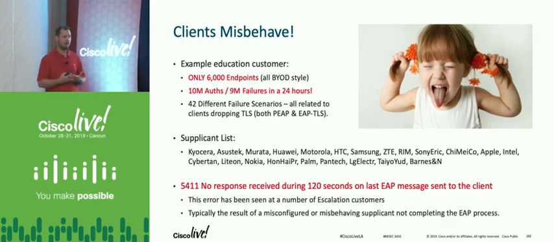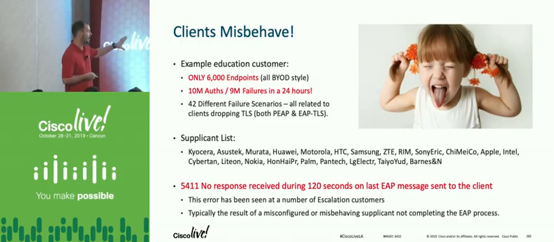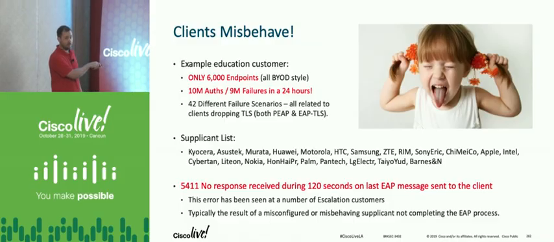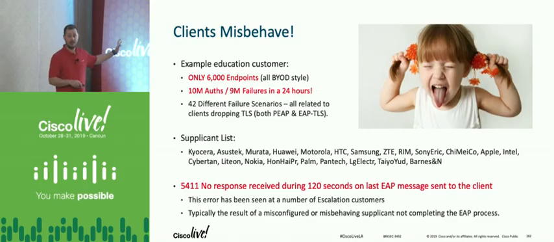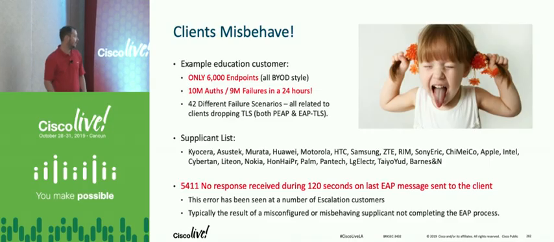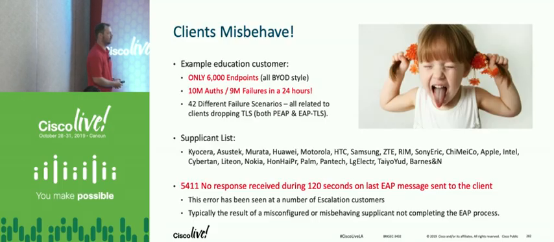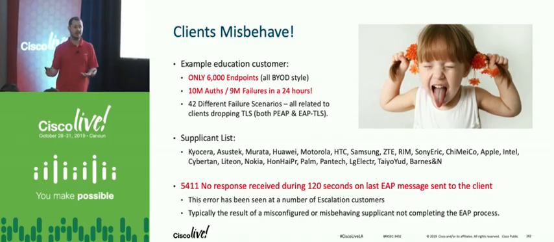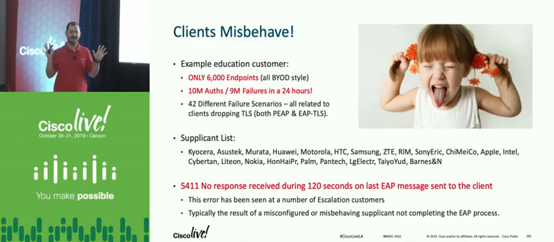And so there are many configuration options that we have that can help with seeing this message. And no matter what, if you have ISE deployed in wireless, you've probably seen 1 or 2 of these. 5411, no response received within 120 seconds. This happens when the client starts authentication, but then stops responding.